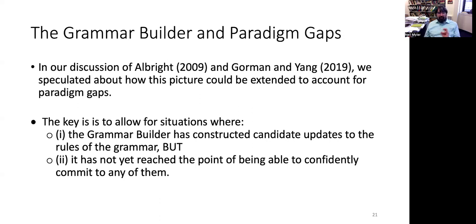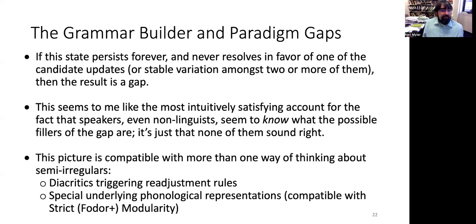So you leave open the possibility that the grammar builder can construct candidate rules, maybe enter them into the grammar with a question mark next to them. And then if it gets enough evidence and it resolves in favor of one of the two candidate updates or resolves in favor of stable variation amongst two or more of them, then all is well.